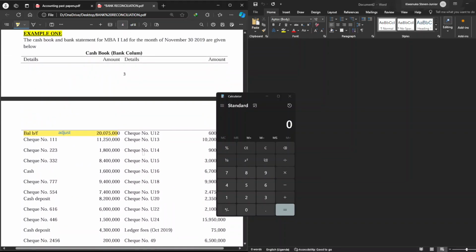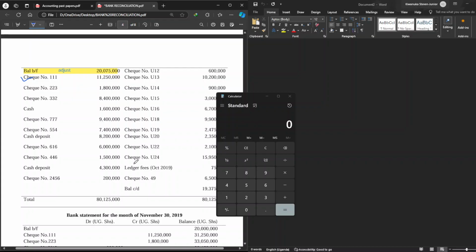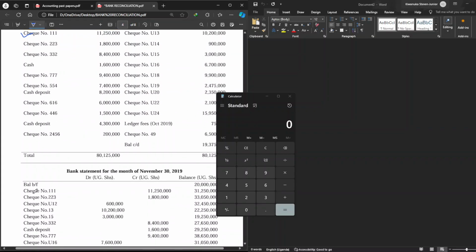So cash book 11, 250, it is here, we tick this, and we'll also tick here. Here we have an issue. I'll put a dot.